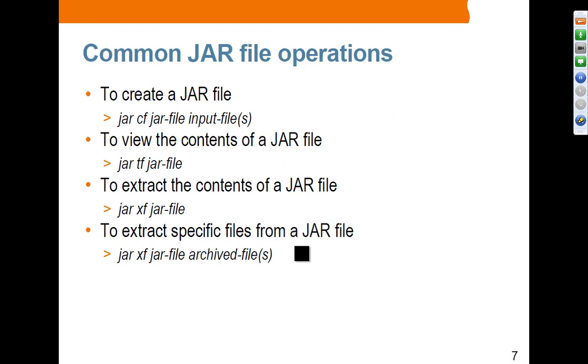To create a jar file, you say jar cf and the name of the jar file and input files. To view the contents of the jar file, you say jar tf and the name of the file. And to extract the contents of a jar file, you say jar xf and the jar file. And to extract specific files from a jar file, you say jar xf and the jar file and the archive files, the files that you want to extract.